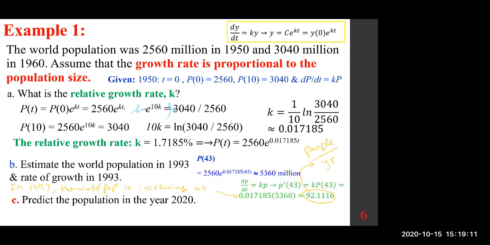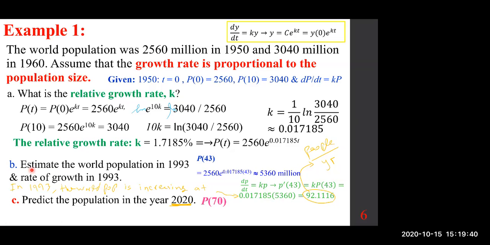What T should we use for the last part? T equals? 70. Beautiful. So all you have to do is use 70. Why is that? 2020, subtract from it 1950, and you get 70.